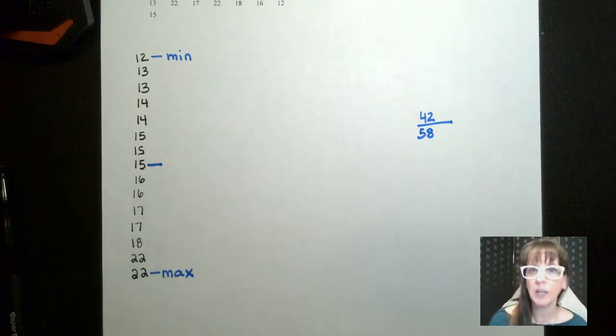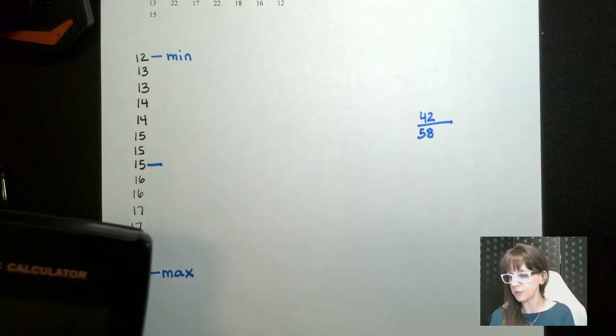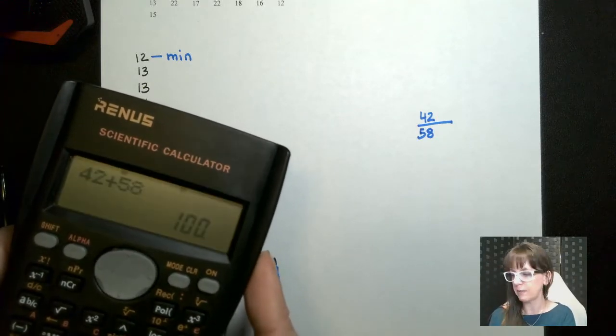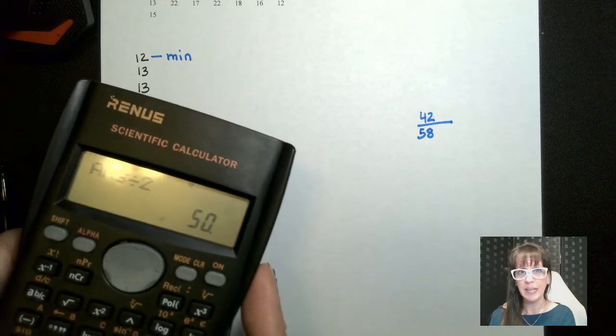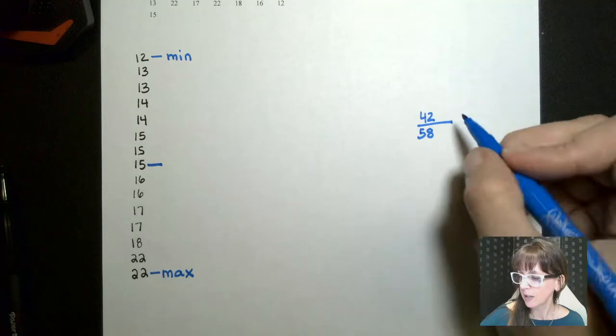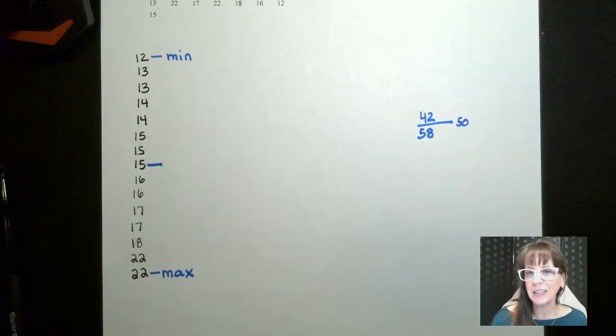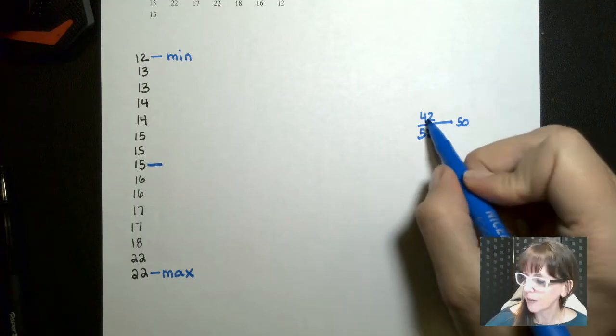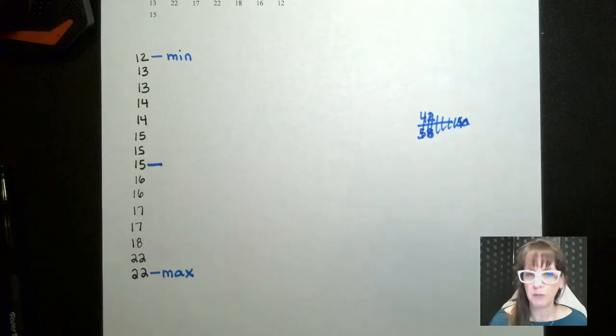Now you could draw a number line and count it all the way out, but you could also just add those 2 together. So you say 42 plus 58 and then divide by 2, which gives us 50. And you can see how 50 is right in between those. So you just find a little mini average, and that will help you when you have an even number. But that's just for future reference.